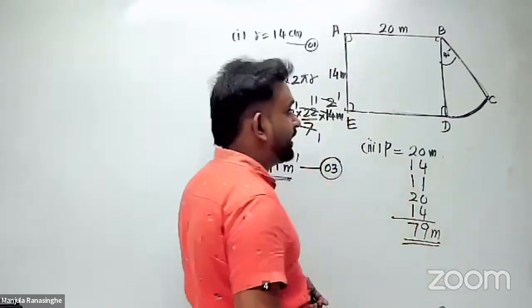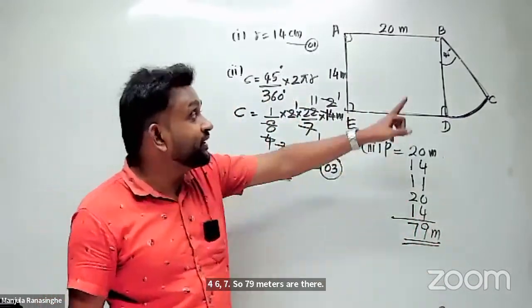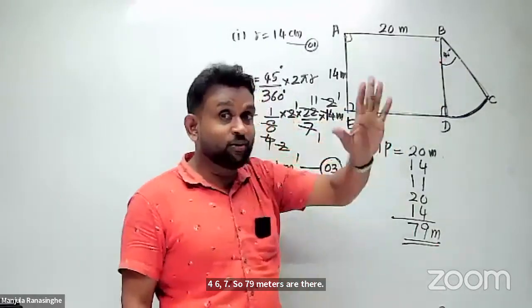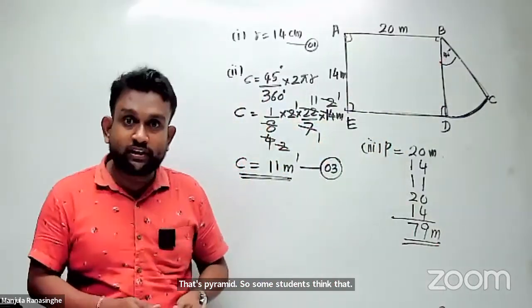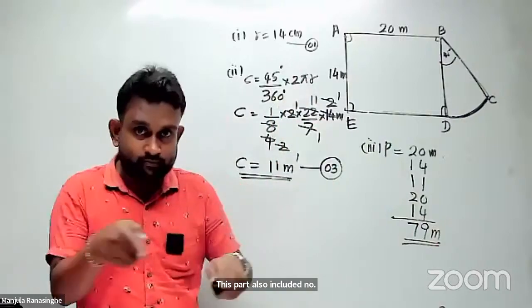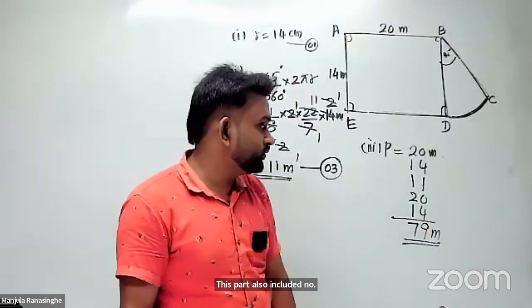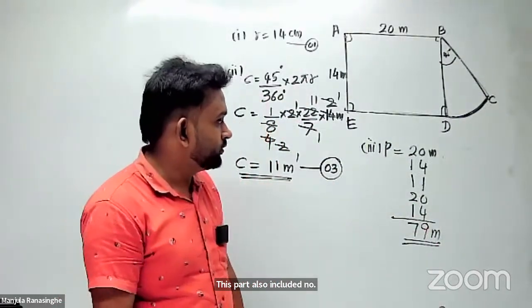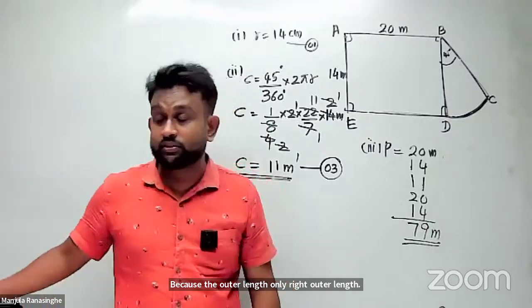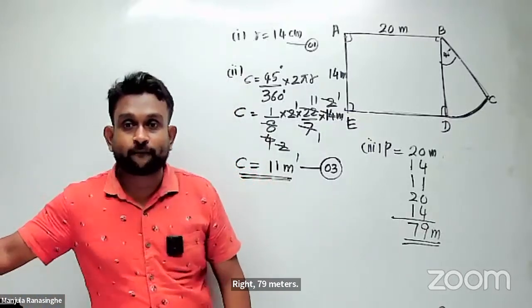So that is the perimeter. Some students think this part is also included. No, because it is the outer length only. Right, 79 meters. Okay, that's fine.